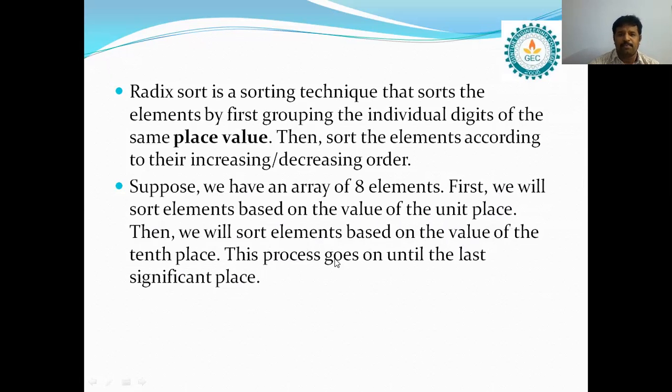This process goes on until the last significant place. If the number has 3 digits, the process goes up to the hundreds place. If the number has 4 digits, the process goes on to the thousands place, like that.